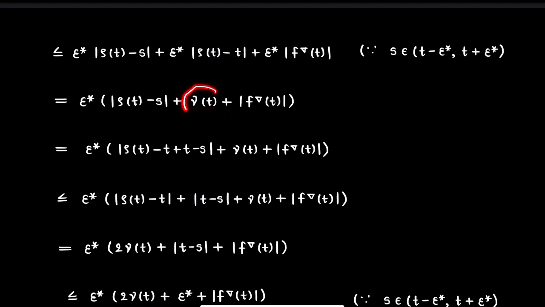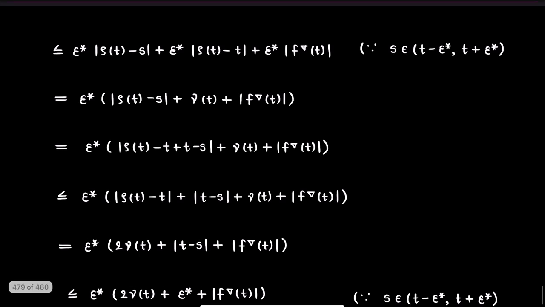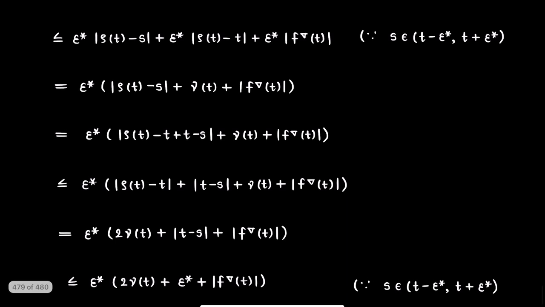Now here we have taken ν(t), which is equal to ρ(t) minus t by definition, since ν(t) is the backward graininess function. Now in the next step we get epsilon star multiplied by modulus of ρ(t) minus t plus t. So we have added and subtracted t here and the remaining terms as it is.